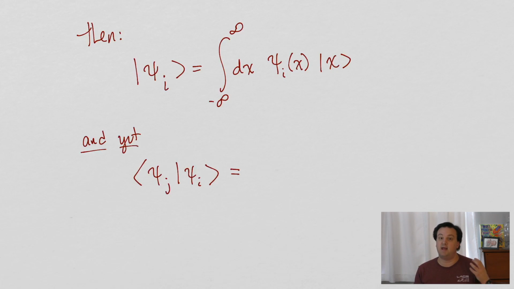Psi sub i is an energy state, right? It's a state that has definite energy from the Hamiltonian. And I can say, let me write that in terms of the wave function. And so I can decompose that state onto the eigenstates of the position operator, and I get this neat expression where psi sub i is related now to the specific wave function psi sub i of x, right?